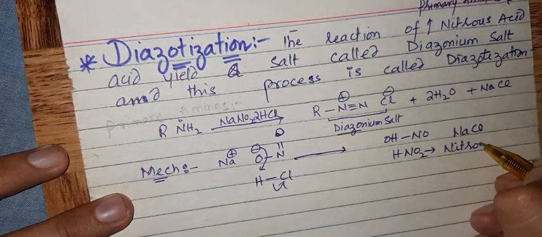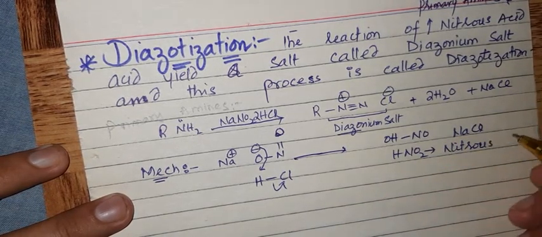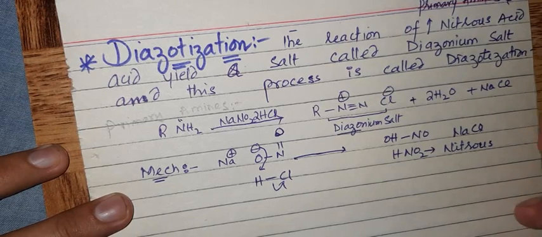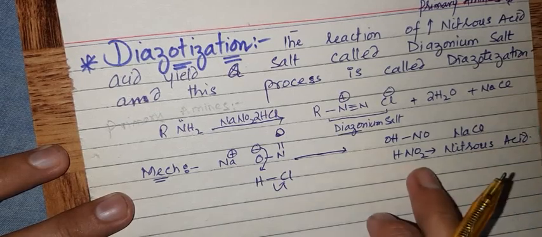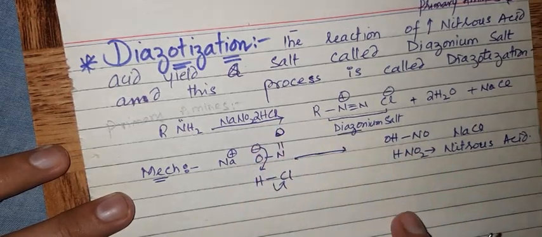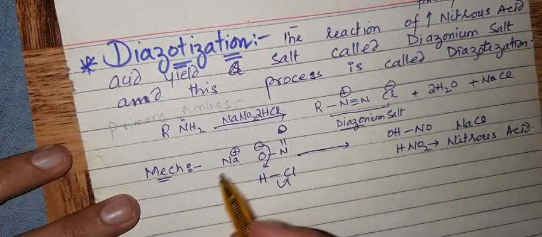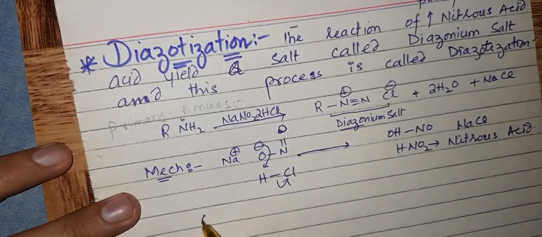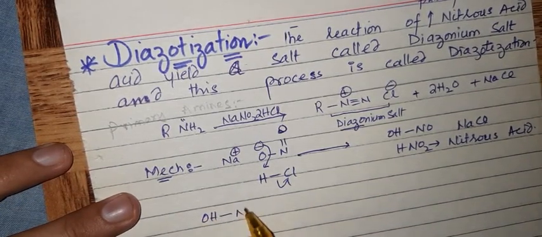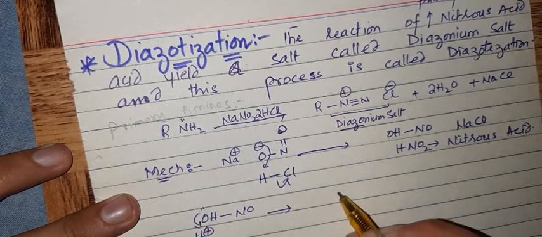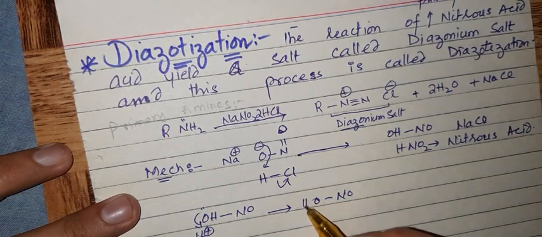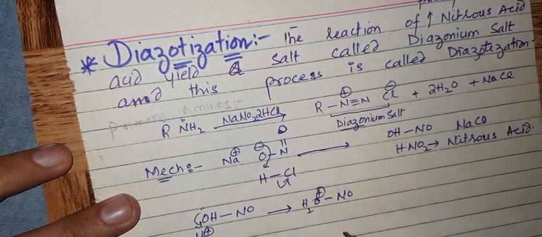This nitrous acid is unstable, that is why it is produced in situ, meaning in the process. Now, this nitrous acid in the presence of further mineral acid will get dehydrated like this. We have HONO and we have a proton of the acid. This proton takes this electron pair, and what we get is NO-OH2 with a positive charge.